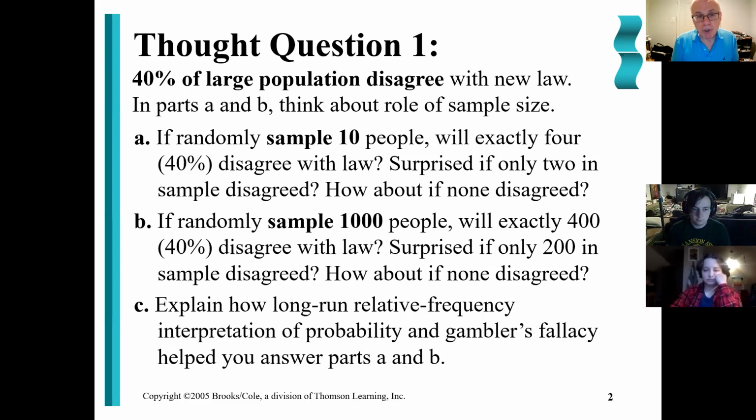So what is your feeling about part A? You think that it would necessarily mean that 4 out of 10 in your sample would disagree, if 40% of the population disagrees? Just yell out.